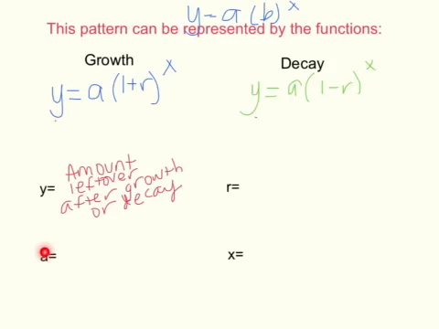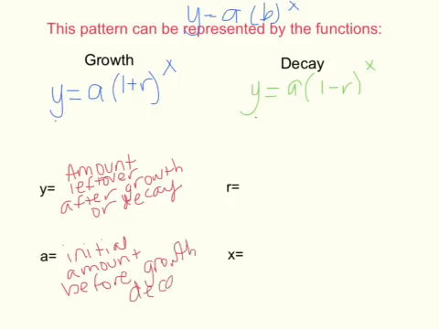Our a value, the one right in front, is our initial amount, what we begin with before we have a growth or decay. Then our r value right here is our rate of growth or decay.